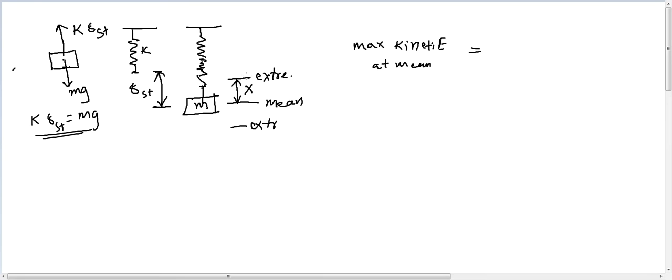So the kinetic energy must be 0 at the extreme location, but whatever the kinetic energy is at the mean location will be converted to the potential energy of the spring.